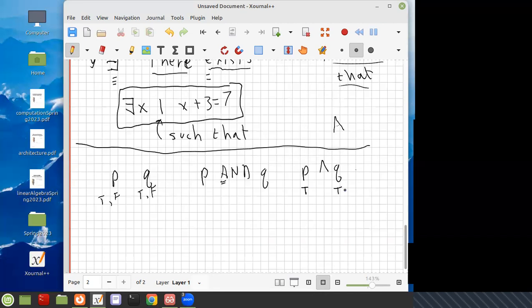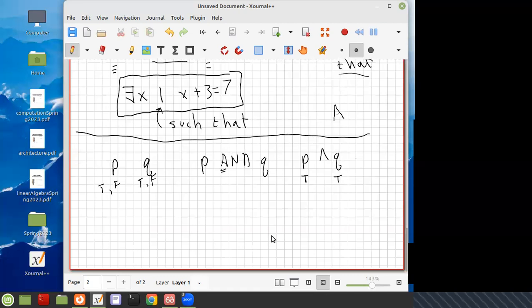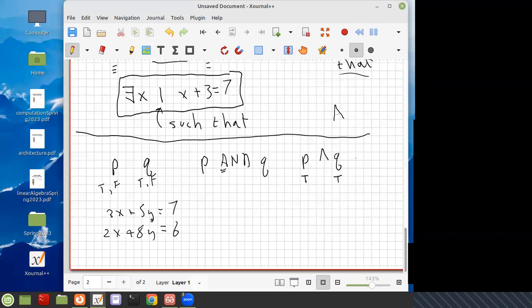Now this is actually used in a linear system. Say I have 3x plus 5y equals 7, and 2x plus 8y equals 6. These are two claims. What makes it a linear system is that the solution set is the claim.